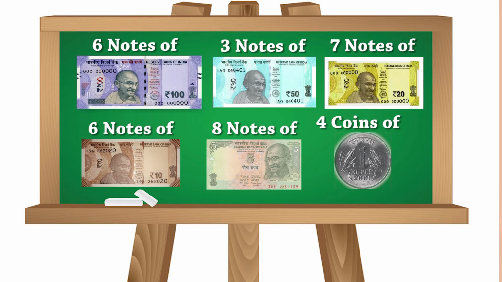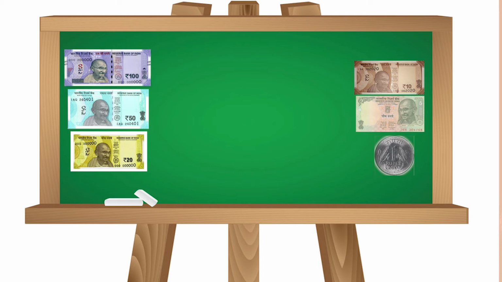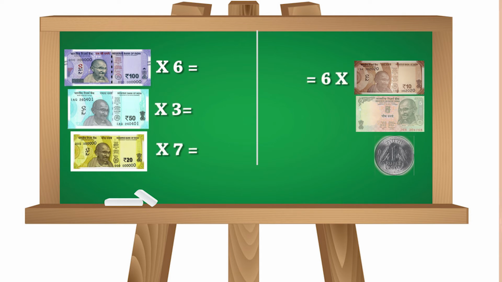We need to multiply them. For example, he has given 6 notes of 100 rupees, 3 notes of 50 rupees, 7 notes of 20 rupees, 6 notes of 10 rupees, 8 notes of 5 rupees and 4 coins of 1 rupee. These are the denominations in which Kiran has received the money.